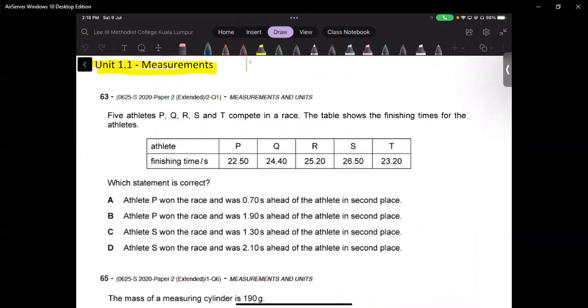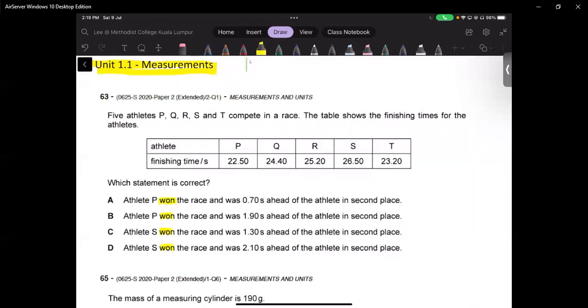So we have 5 athletes P, Q, R, S, T competing in a race. They got different times. Which statement is correct? Whenever I see a statement like this, I think to myself, I need to find out who won first, right? So who won?